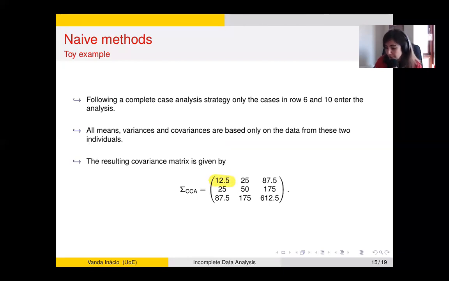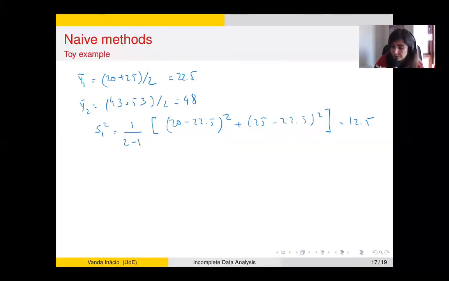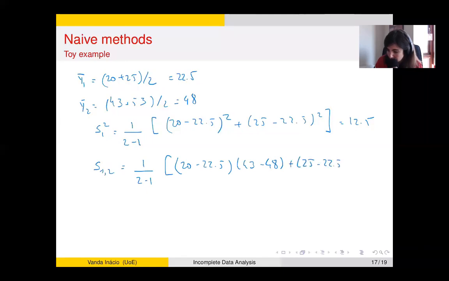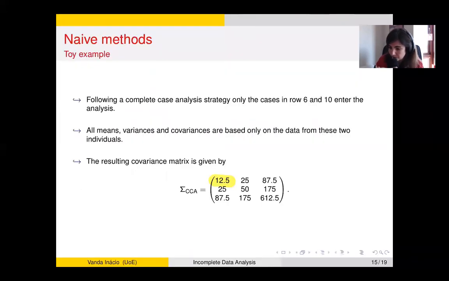It's the same for all the other variances, and for instance, the sample covariance between y1 and y2 is nothing more than this, and so we also have reproduced this value here, and it's exactly the same for all the other entries.